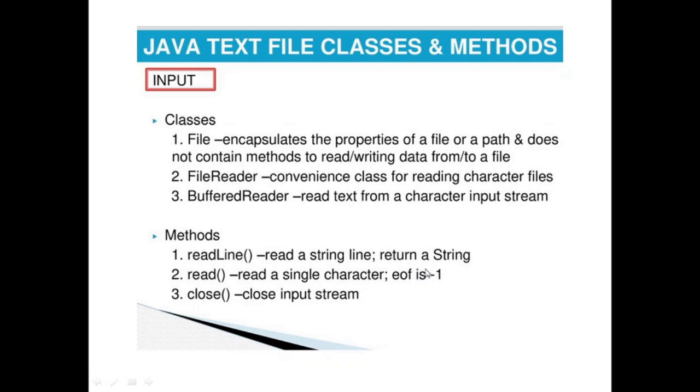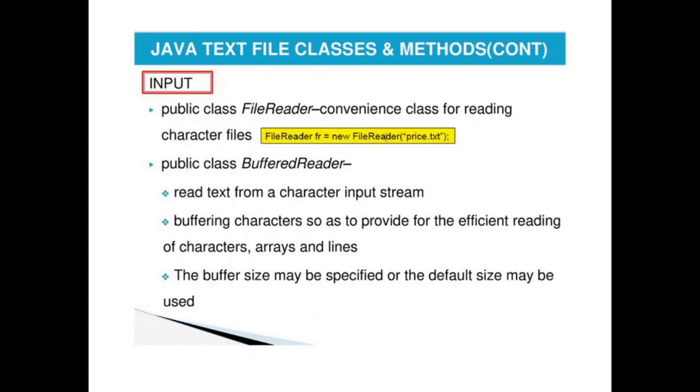This is a special value which is -1 when the file ends, so we can loop until we find EOF equal to -1, and the whole file will be read. We can keep displaying or do whatever we want in that program. Then close will close the input stream.